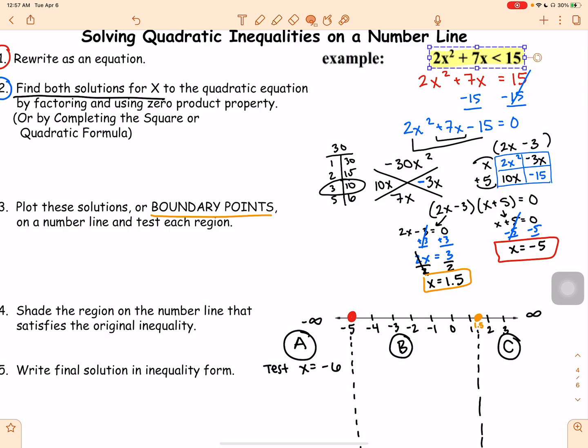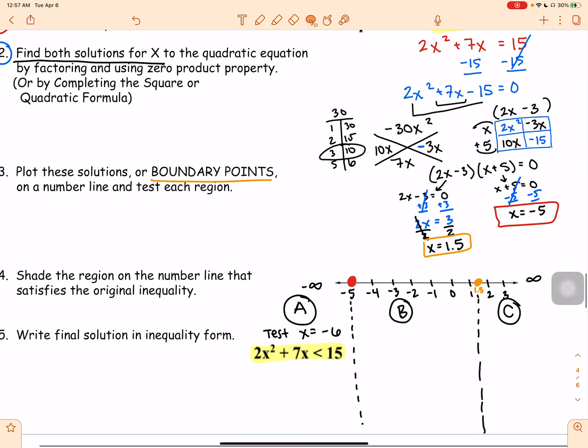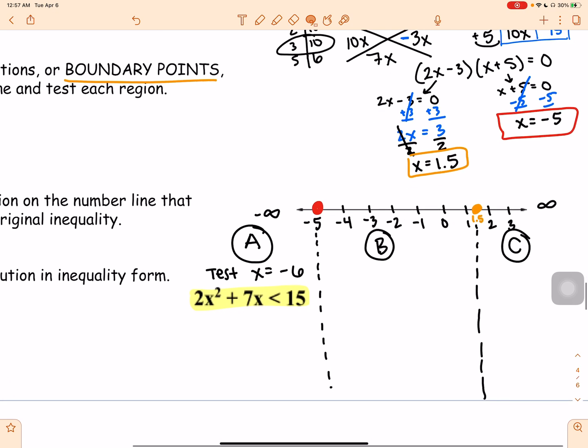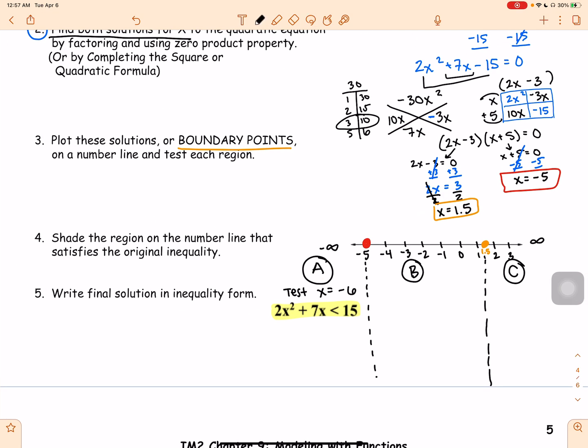I'm going to take a copy of this for myself so you know exactly where I got it from. This is where we're going to test each region. We're going to call them A, B, and C, just because that's how I want to test them.